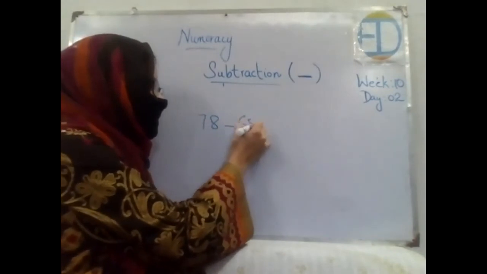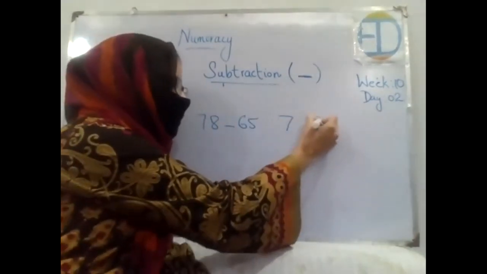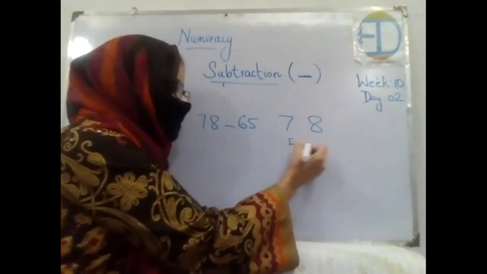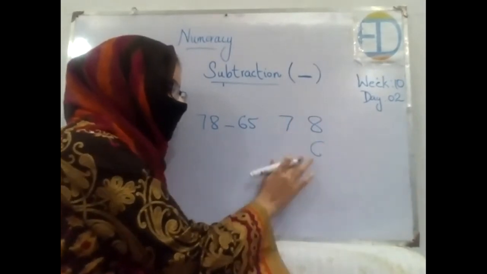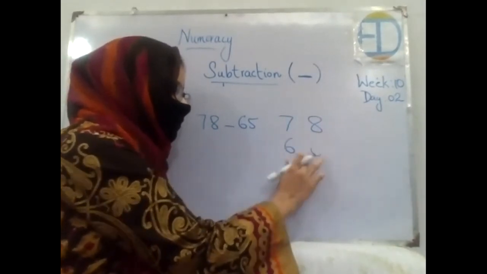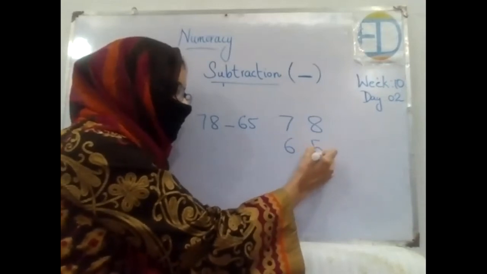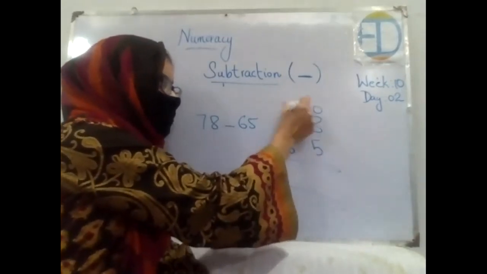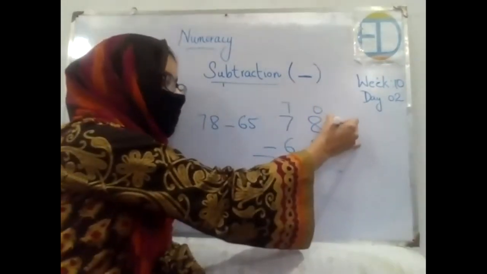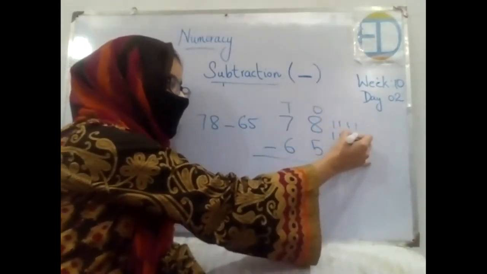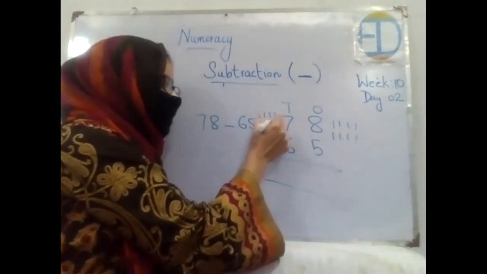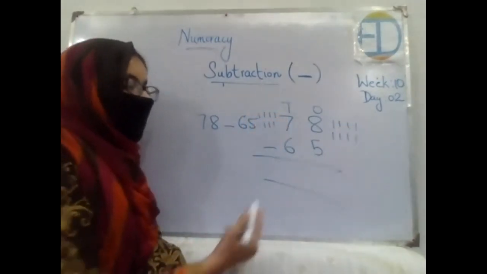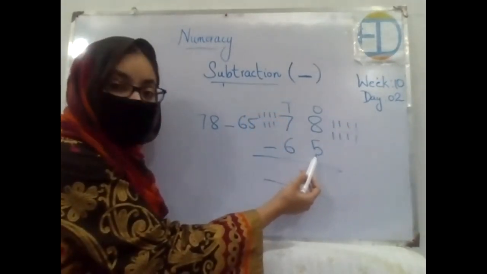78 minus 65. Okay. So we will be writing 78 minus, sorry, 65 like this. Then write the values over it. Draw the eight lines and then seven. How many lines are you supposed to cancel out of eight?